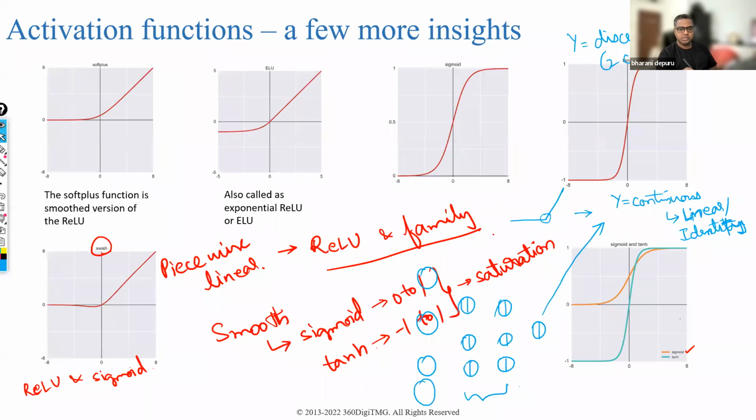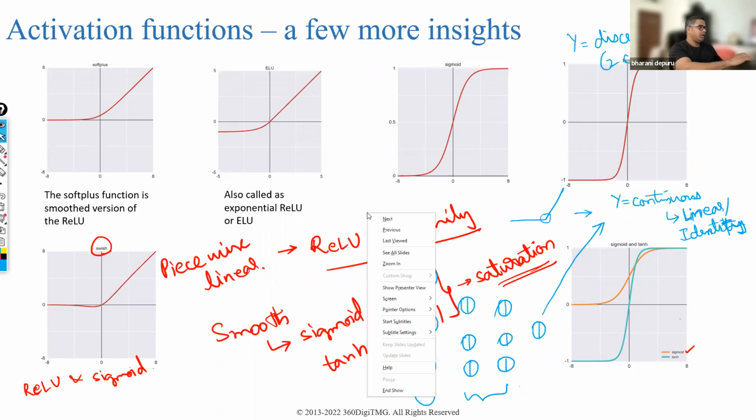Okay, so this is how it works. And what will happen if it is saturated? If the values are saturated, derivative of that will go to 0. Derivative of that will always give you 0. If the derivative becomes 0, that means your training will stop. Please look at certain things that I'm going to write here.